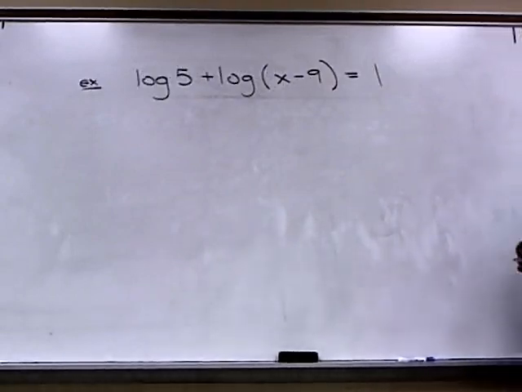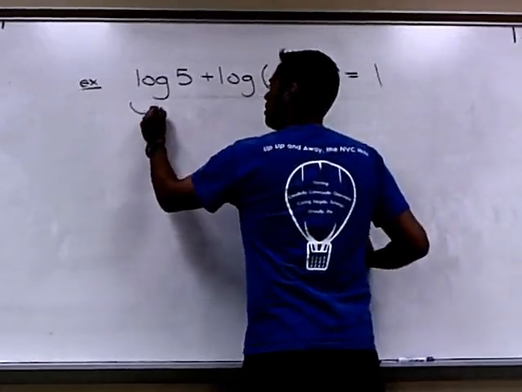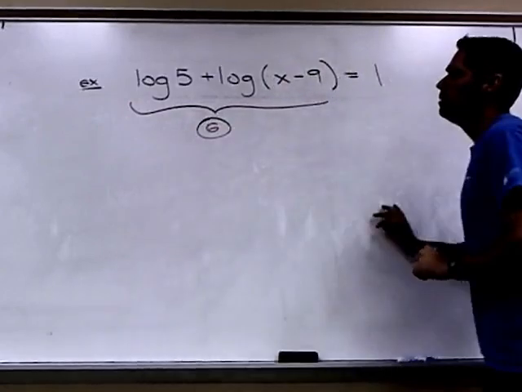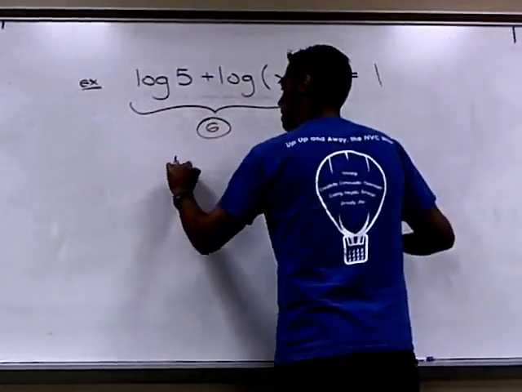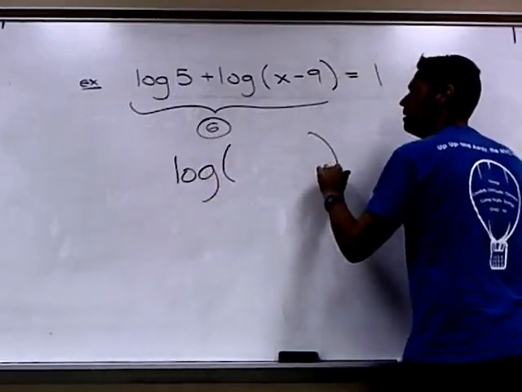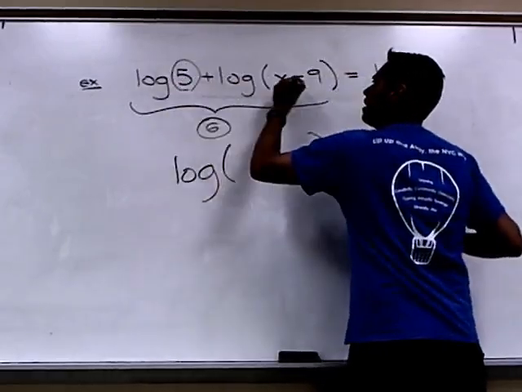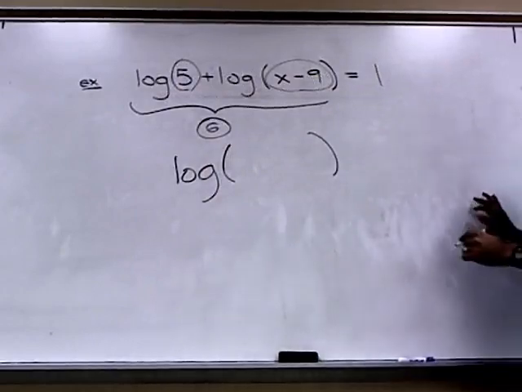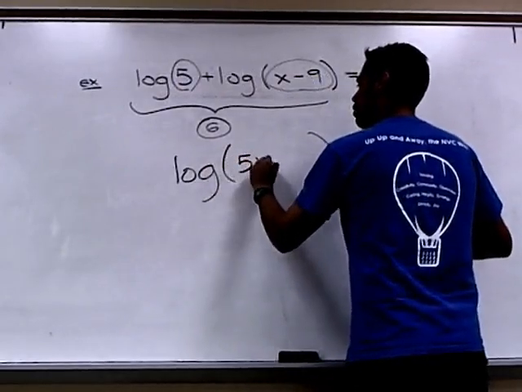So condensing. What will these two together become using property 6? Log, and then inside this times this, right? Multiplied, you would distribute. So 5x minus 45.